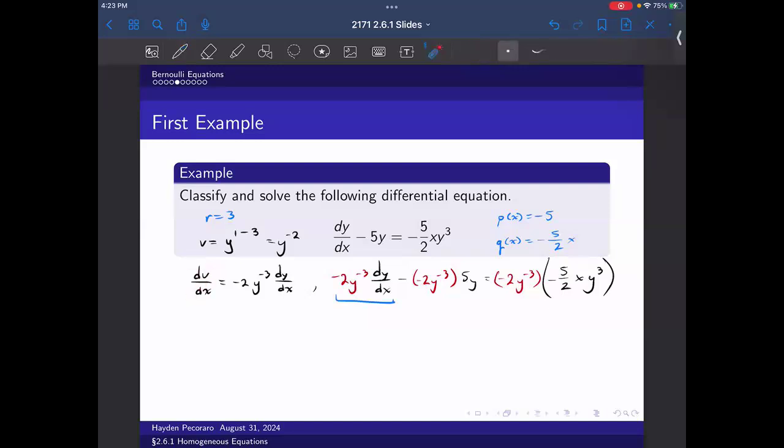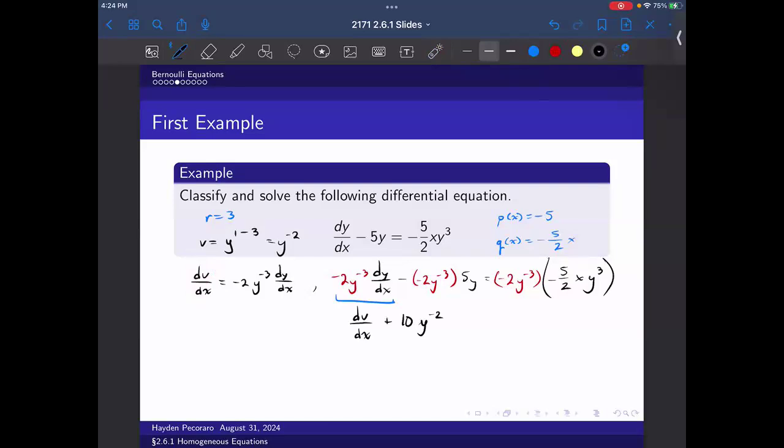We see that over there. And so we have dv dx minus minus plus 10, and then y to the 1 and y to the minus 3 gives us y to the minus 2, yep.